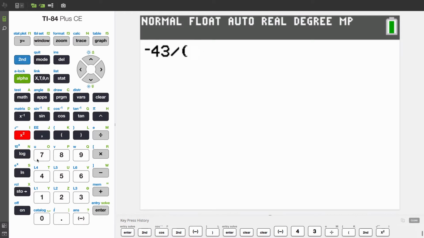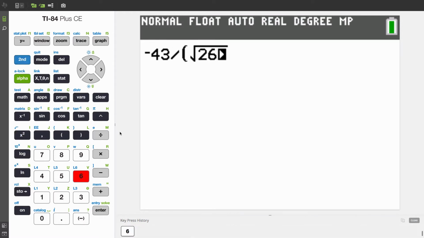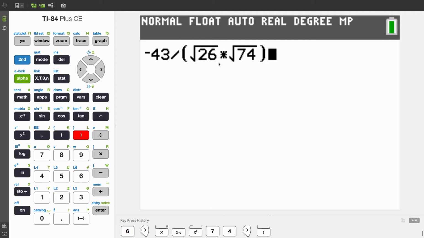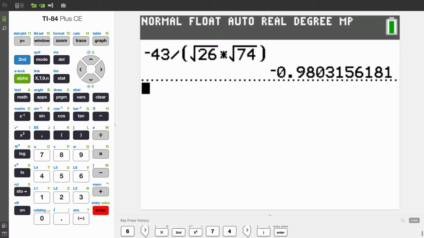We're going to do square root of 26, and to make sure we get out from under that radical, we need to hit the right arrow, times second square root 74, get out from under that radical, and close parentheses. Now, I didn't have to put times here because it will assume that if you don't put it in. And I hit enter.